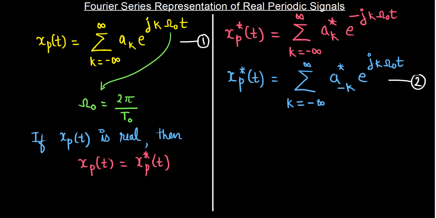And if they are equal, by comparing the coefficients, ak must be equal to a of minus k star, and this is true only for real signals. So this is a very fundamental result that we have obtained.